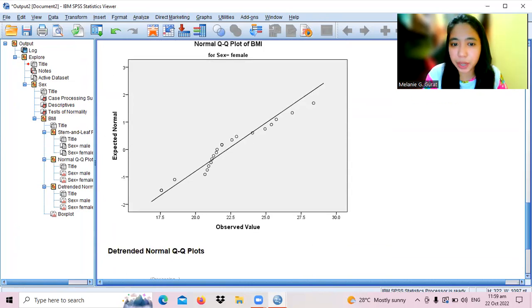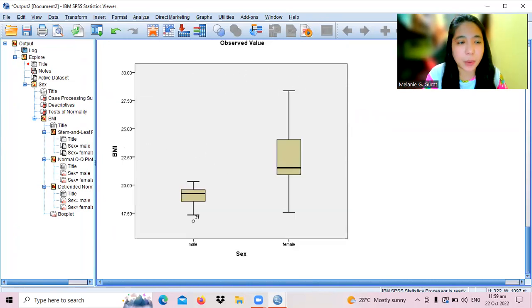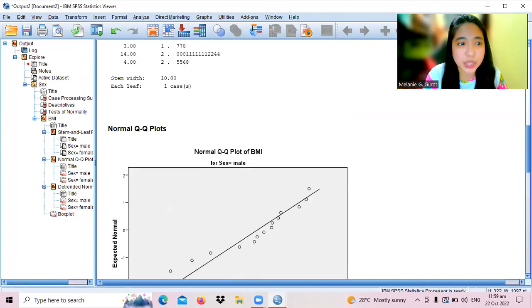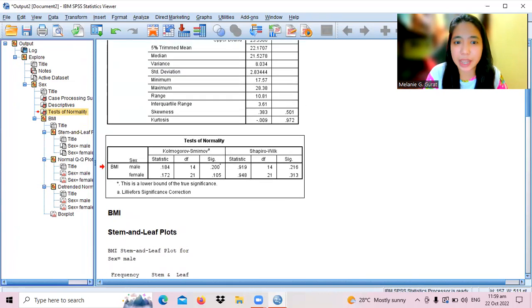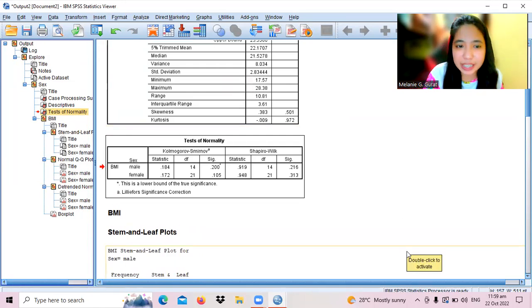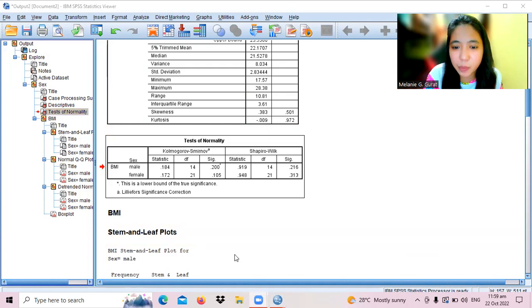You can go over this, but our main concern is just to look at the values of the tests of normality. We have two tests of normality presented here. The first one is the Kolmogorov-Smirnov test, and the other one is the Shapiro-Wilk.